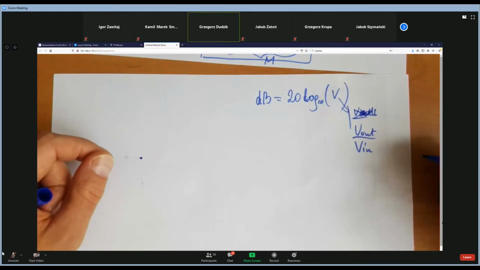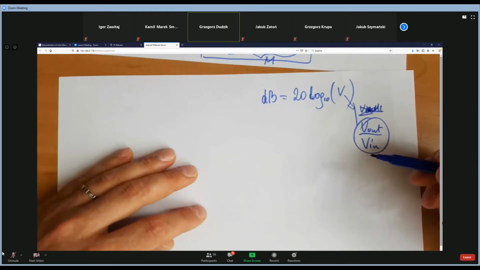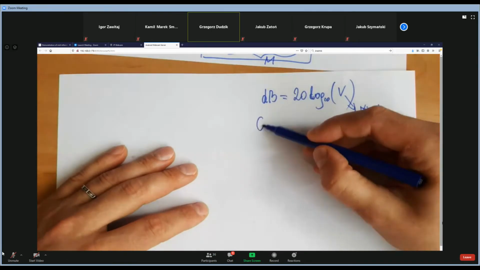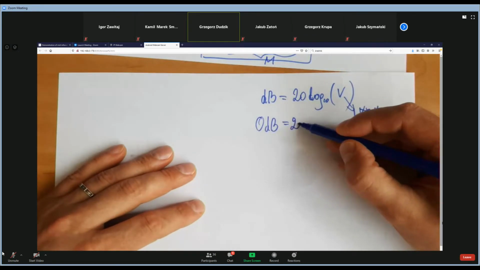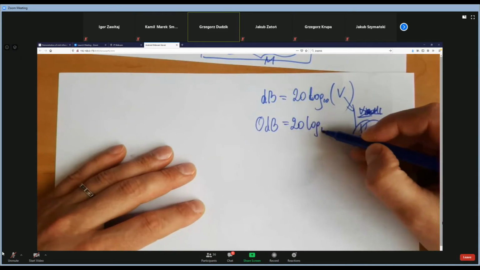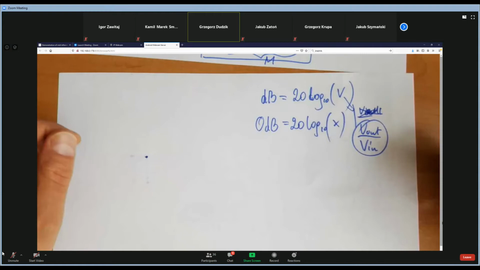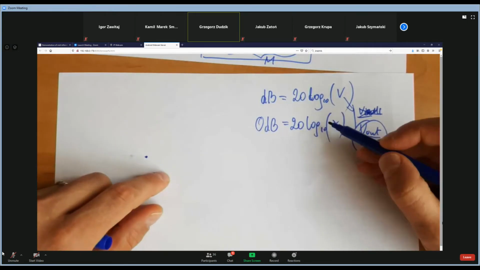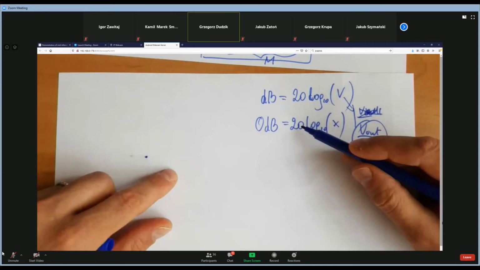Okay. So how many is 0 decibels? 0 decibels is equal to 20 log base 10 of X. How do we calculate X? We multiply both sides of the equation by 20.